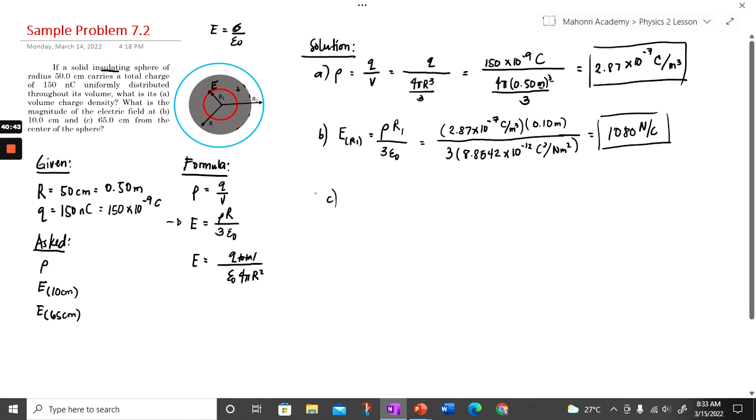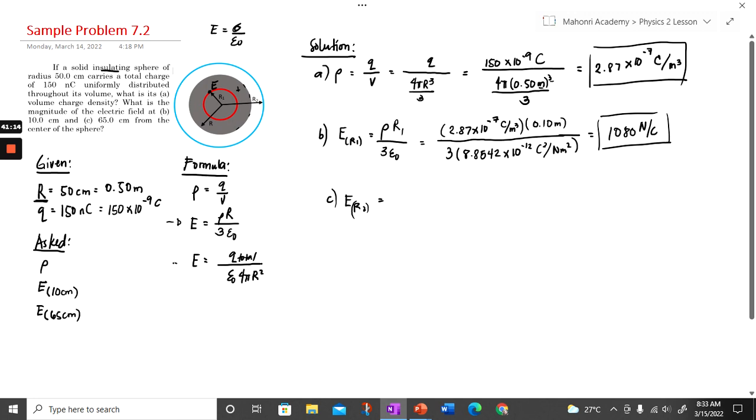And then let's solve for the electric field at R2. As for R2, as you see, everything is basically enclosed inside. Meaning the full total charge is found inside your imaginary Gaussian surface R2.